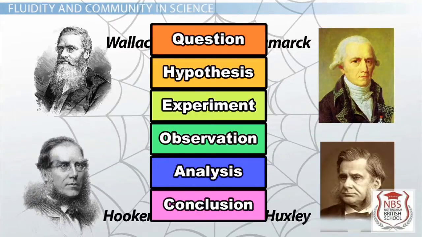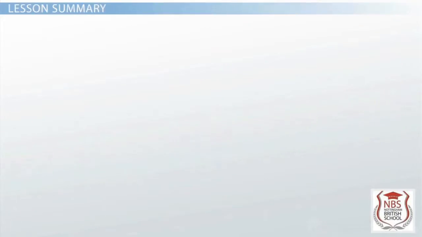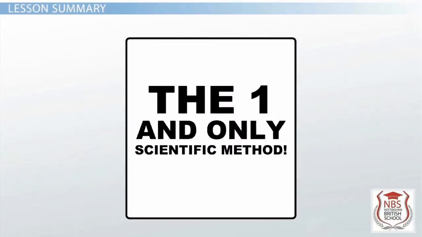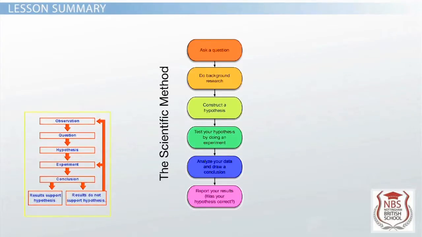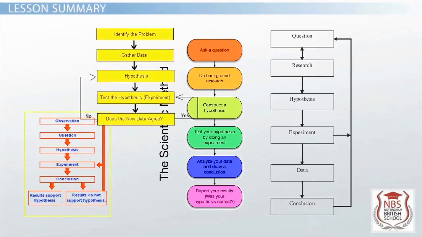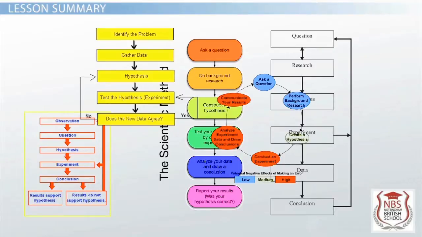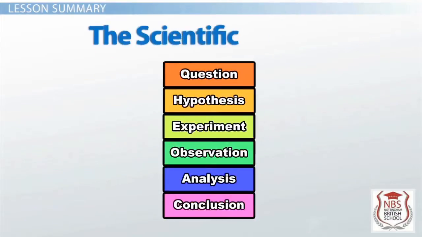So, let's talk about the lesson summary. It turns out that there really is no one way to follow the scientific method. There are key elements that should appear in any investigation, but science is done differently in every profession, and no one follows the exact same process. Remember that, no one follows the exact same process. The scientific method, describing the processes by which scientists gain knowledge about the world, is characterized by 6 key elements. Now you need to remember these, yeah?